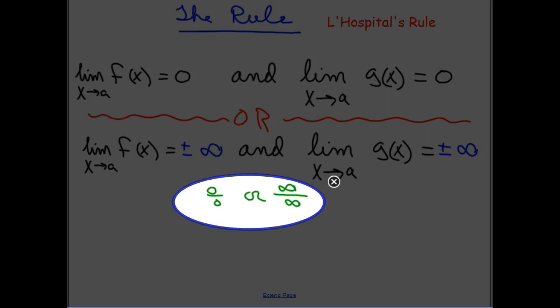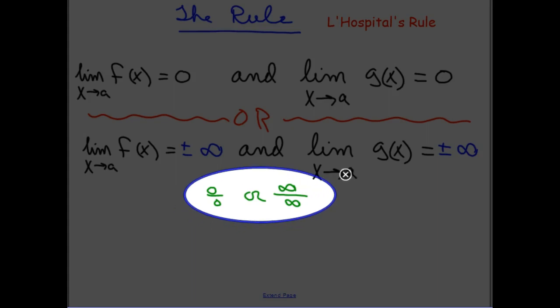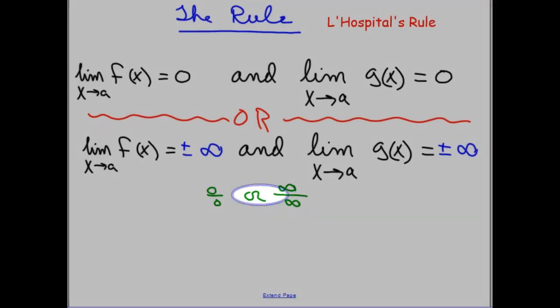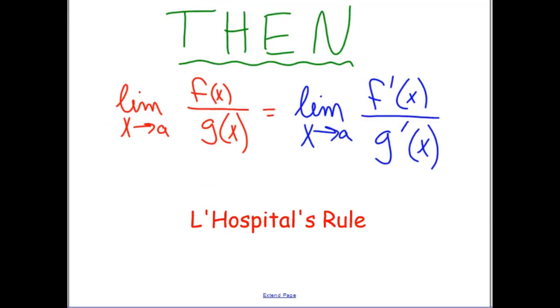So a prerequisite for this, when I ask this on a test question, is you need to first determine whether one of those two things is true before you apply it. So step one always is, does L'Hopital's rule apply? All right, I'm finally getting there.